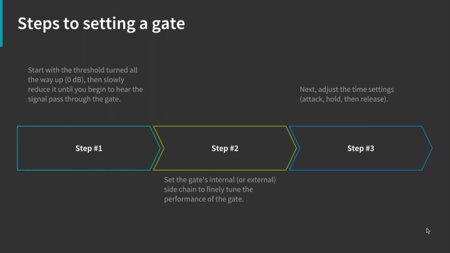Ideally you want to do the attack before you do the release. The release can depend on many things, like the decay of the instrument, the tempo, how much bleed you have, the room tone, the reverb.